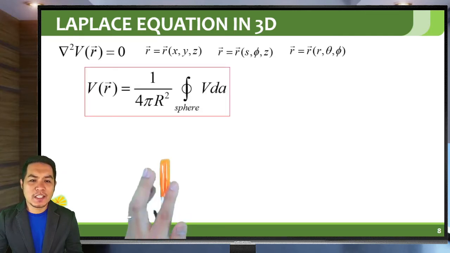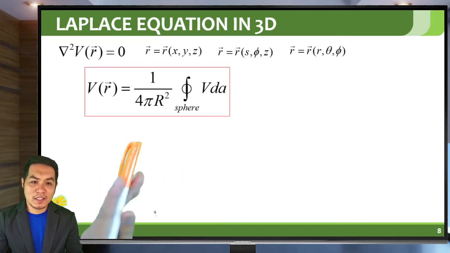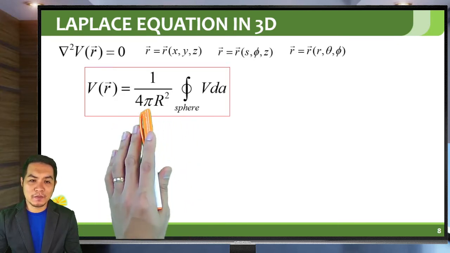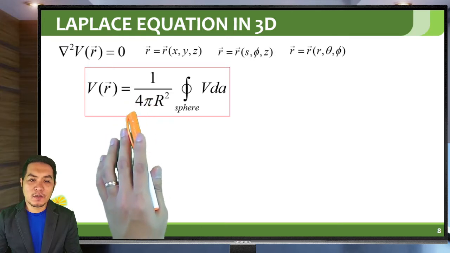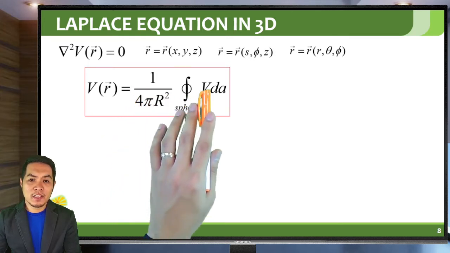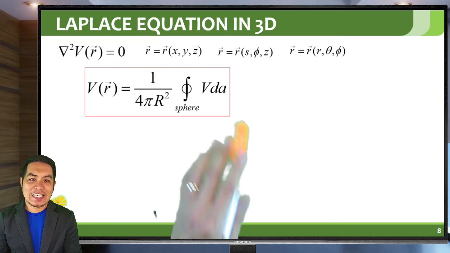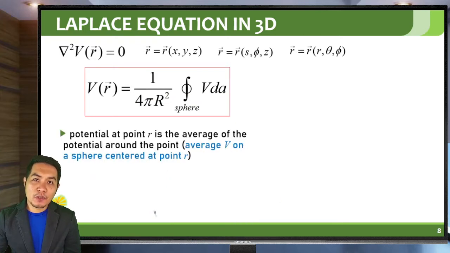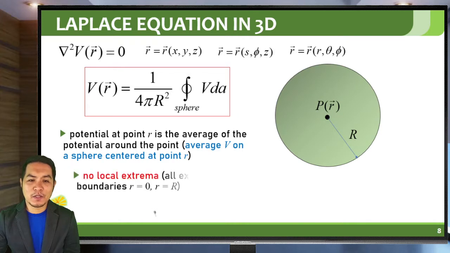And this is just the 3-dimensional version of the averaging method. So you have 1 over the surface area of the sphere, closed integral of V dA. So the potential at point r is just the average of the potential around the point, but now, instead of a circle, we have a sphere of radius r. And again, the same features of these solutions: they have no local extrema.